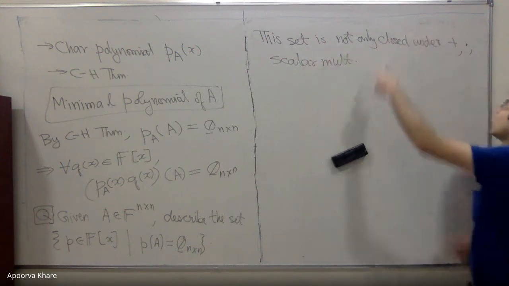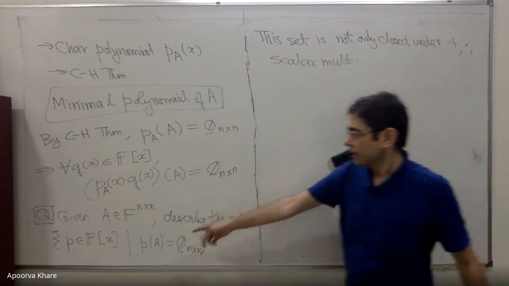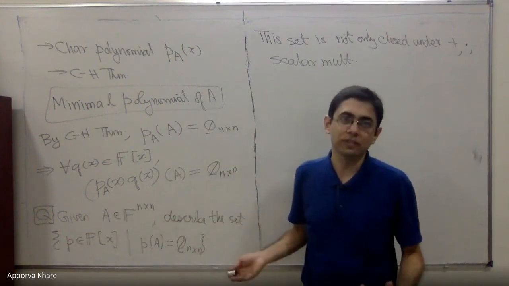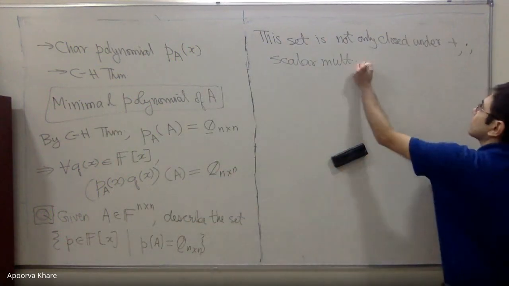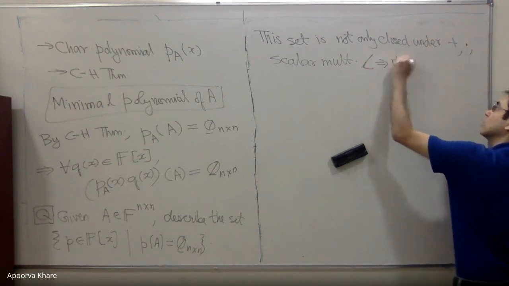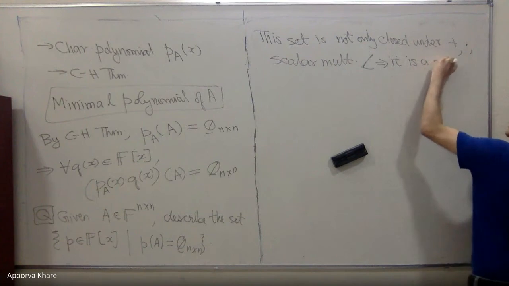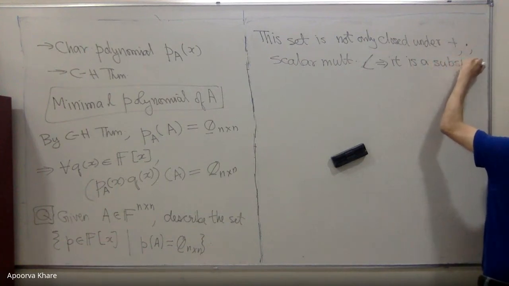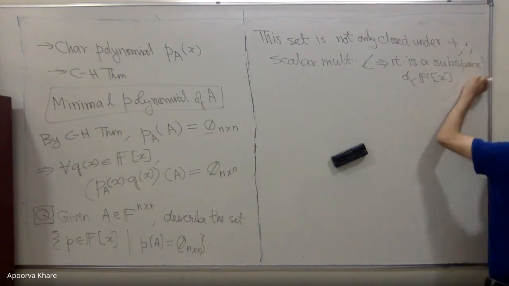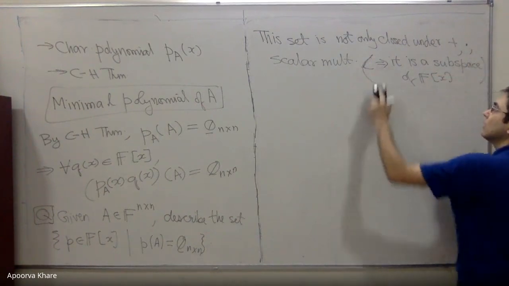So if it's closed under addition and scalar multiplication, this being a vector space, the set here is already a subspace of the vector space. So it is not just a set, it is a vector subspace. Okay?